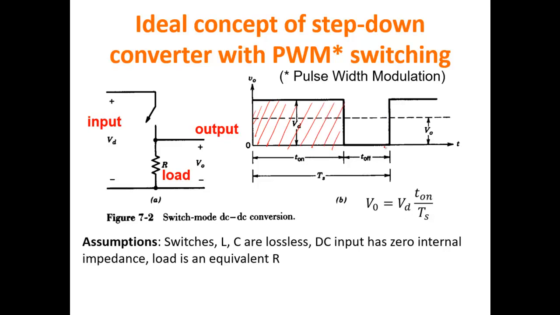If you integrate VO over the period, you have VD times T on, and then you divide by the length of the period, that is Ts. So this is the formula that you have at the end. I use capital letters to indicate the average quantities. The average value of the output voltage is proportional to the width of the pulse, to T on.